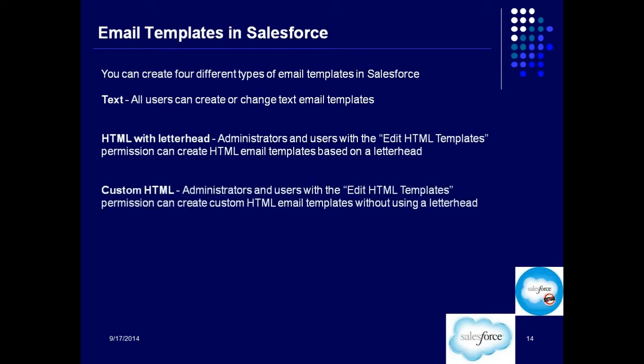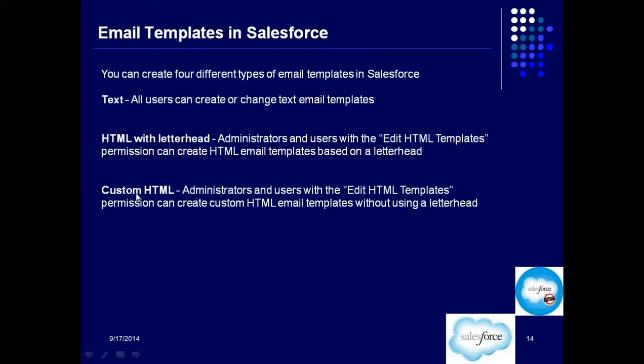Then there is custom HTML. So this is again something where the user needs to have edit HTML template permission and can create these HTML email templates. And this is where you can do the formatting. So what is the difference between the second one and third one? In the second one you will have the formatting palette.